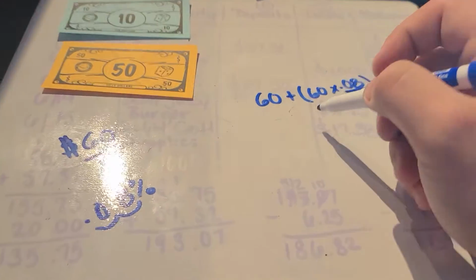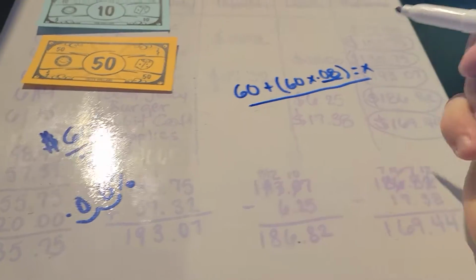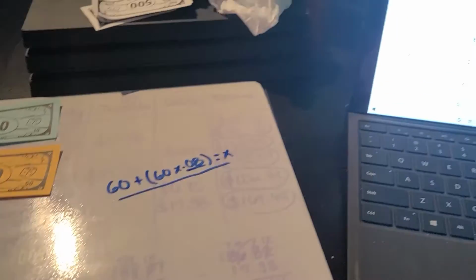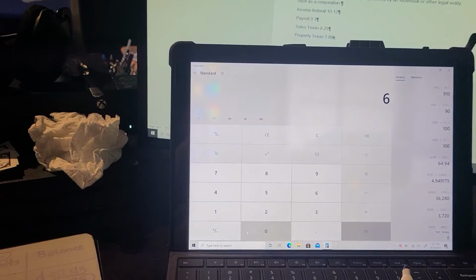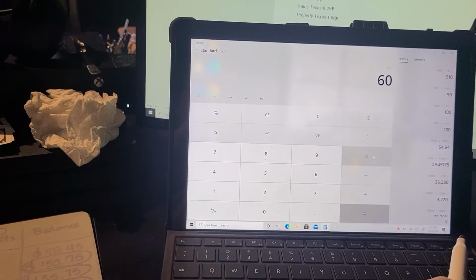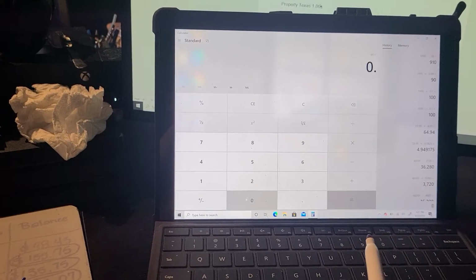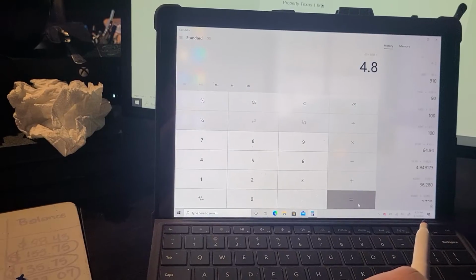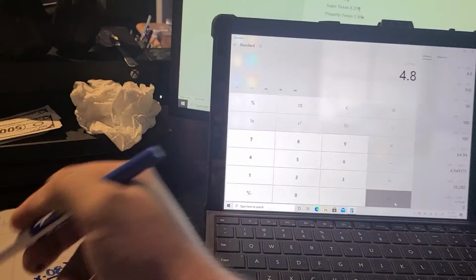Now that we have our equation right here, we're going to go ahead and solve by using our handy dandy calculator. So it'll be 60 times 0.08 equals 4.8.